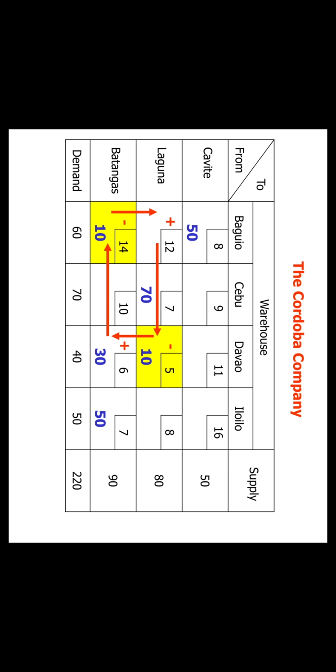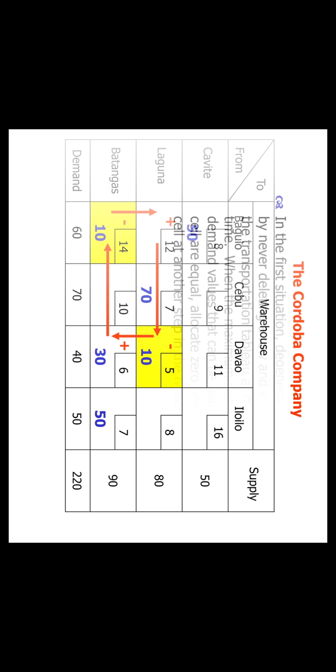The used cell with the cost of 6 would be 40. And then the used cell with the cost of 5 would also be blank. Therefore, we would be creating one used cell, but we would be removing 2 existing used cells. And therefore, we would not be able to maintain the m plus n minus 1 requirement in the next tableau. Therefore, we again have a degeneracy scenario.